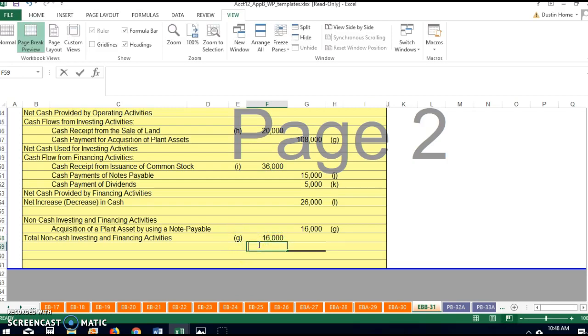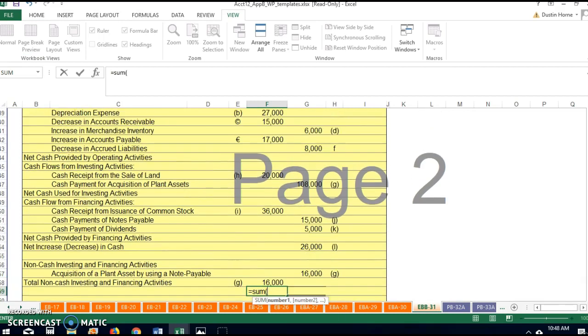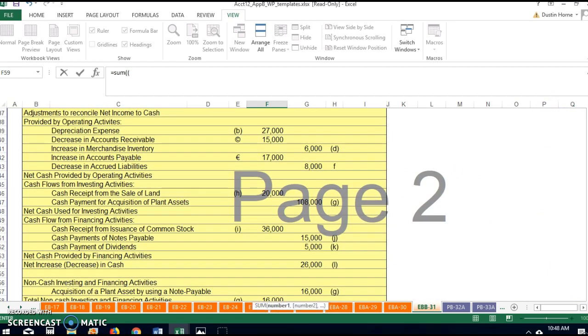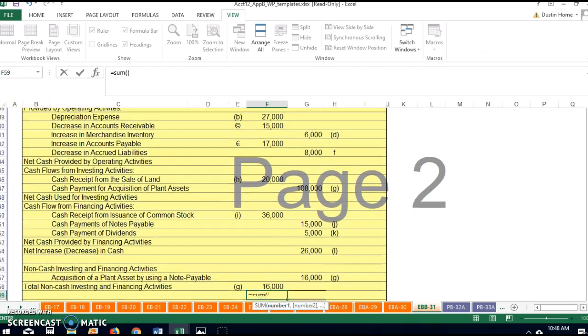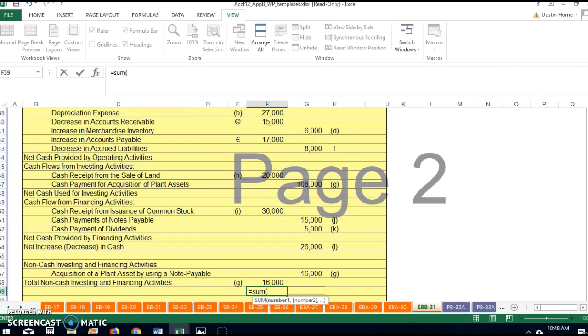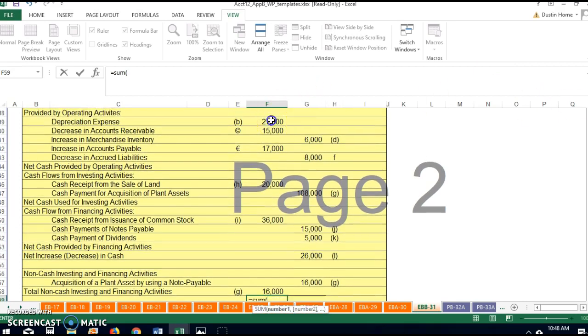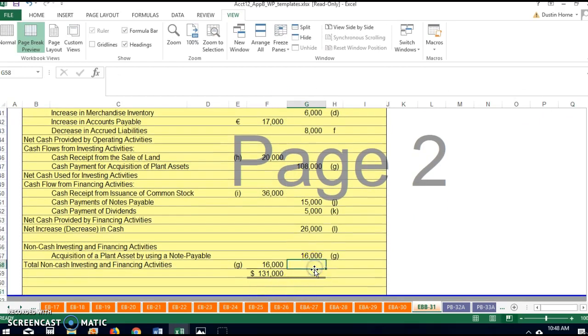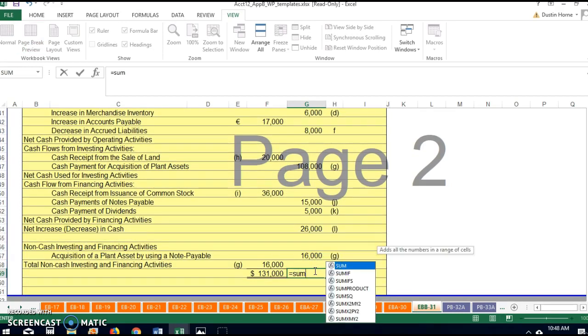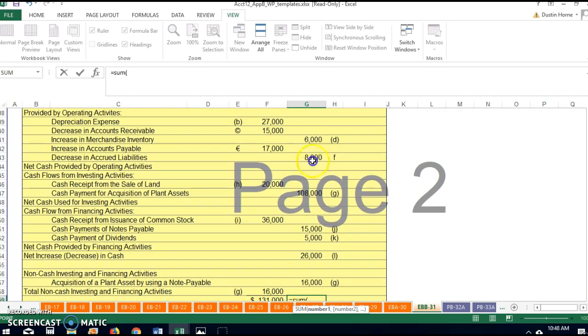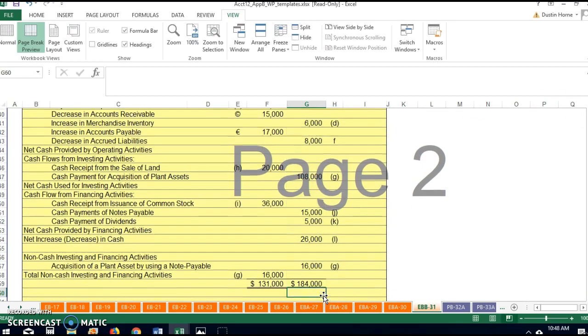So now when we sum this up, and I hope I'm not confusing you more, but sometimes I'll leave stuff out, let's see if it sums up. Now you can manually sum it up, but I'm just using equal sum parenthesis, and then I just highlight everything I want to add, but you can do that in the calculator.